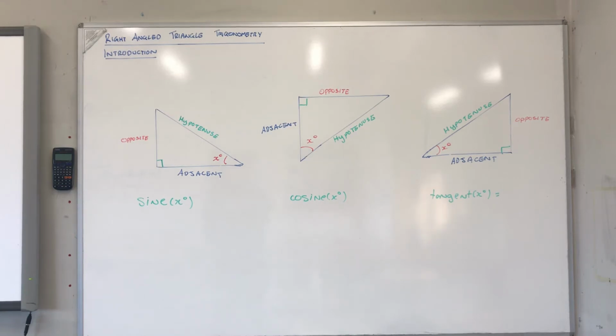Sine x is a ratio of the opposite over the hypotenuse of a triangle.